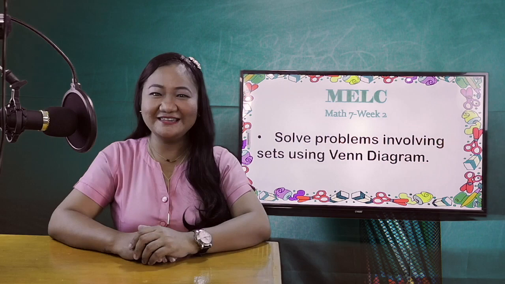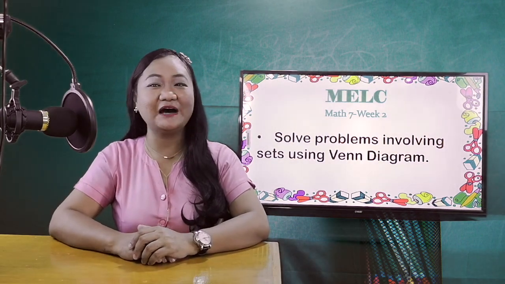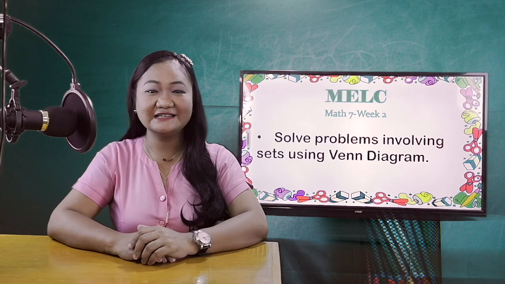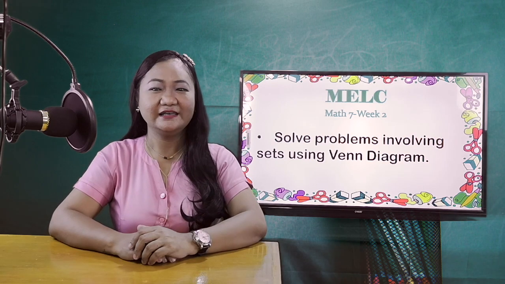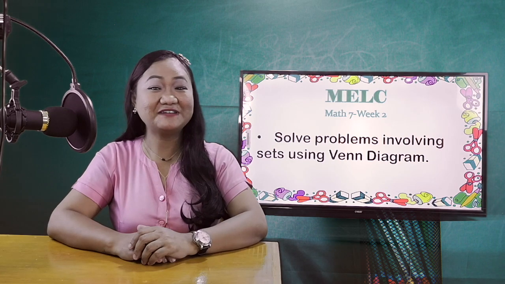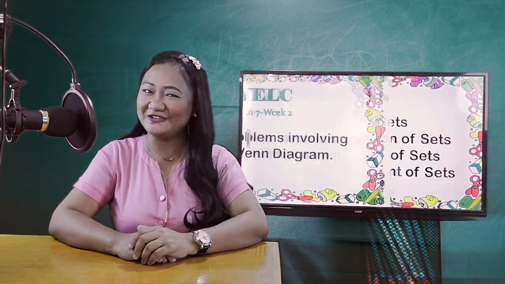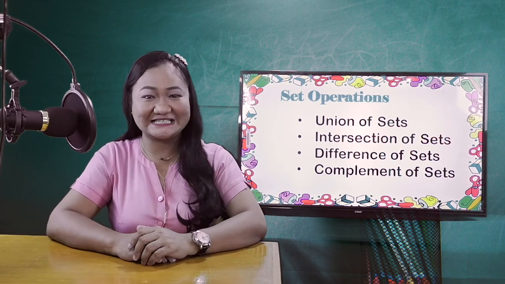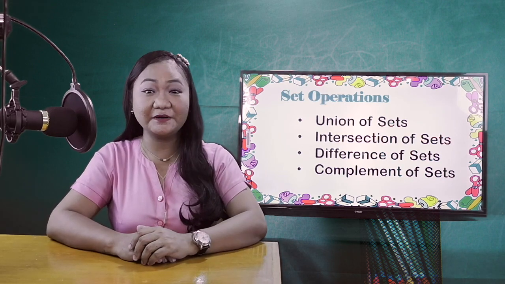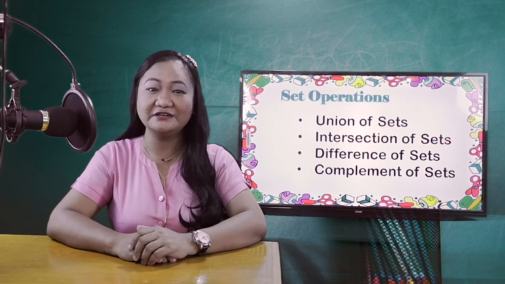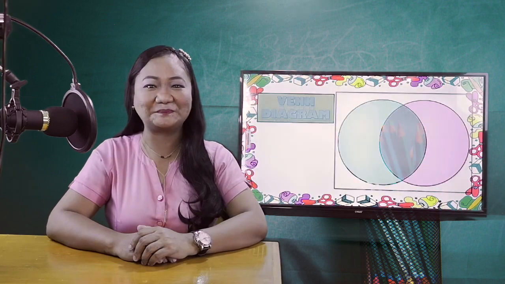To start with, let us have a review about a topic that you learned in the previous episode, that is on set operations. Can you recall what these set operations are? Very good! These are the union, intersection, difference, and complement of a set. These operations can be visualized by using a mathematical illustration which we call a Venn diagram.